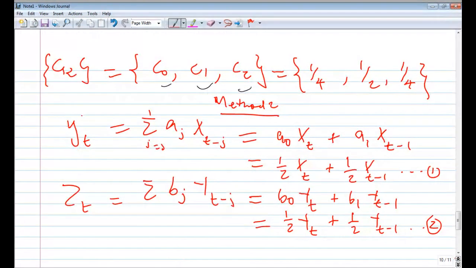Remember, yt, this one, is equal to this one. So where there is yt, you put the whole of equation number 1 there.